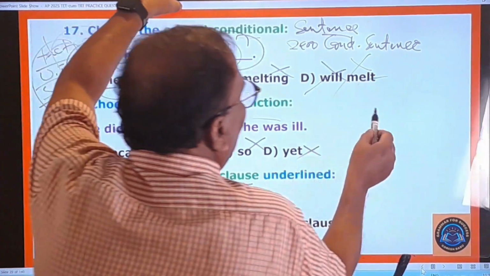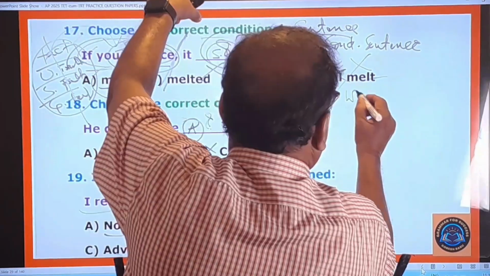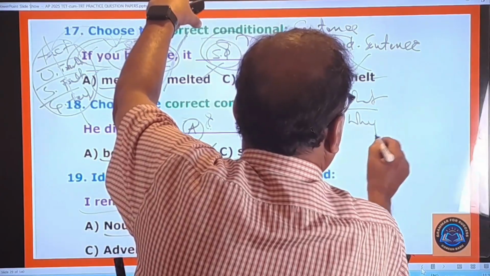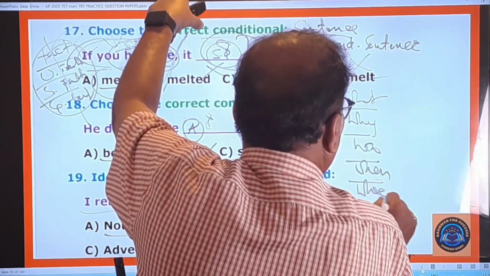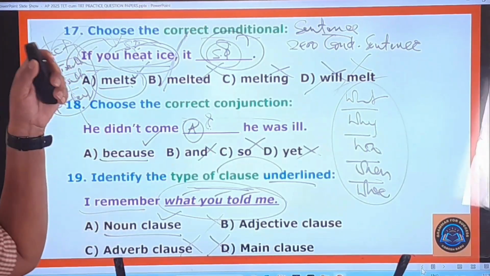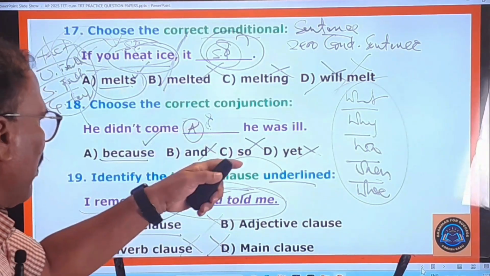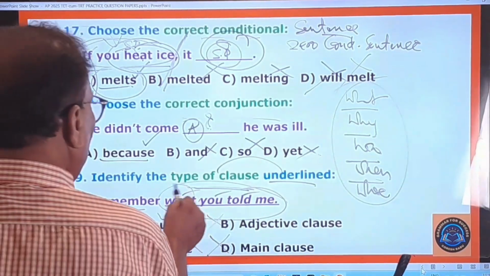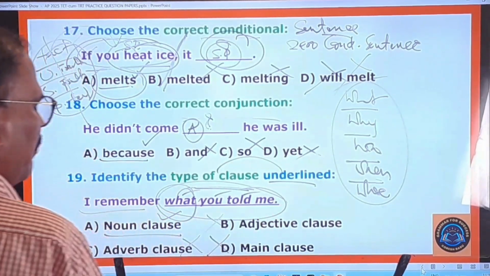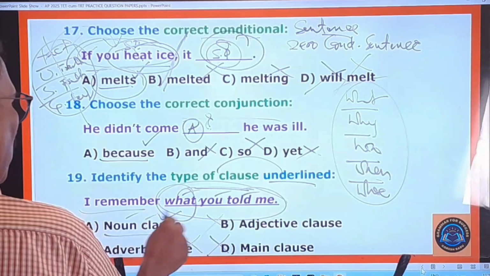Generally these noun clauses will begin with what, why, how, when, where, and so on. These are all called interrogative pronouns, and with them these noun clauses are generally formed. And here there is what, what you told me, and therefore this is called a noun clause.